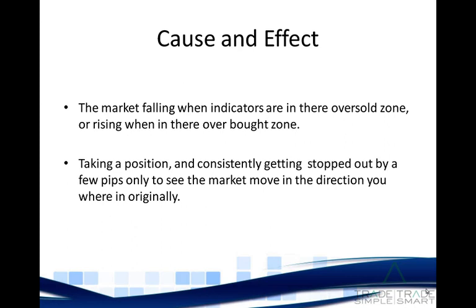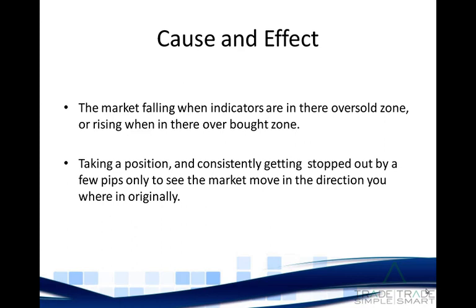So in this example, you can interpret that when the indicator reaches the oversold zone, the momentum of the market should turn to the upside and we'll be looking to buy. And you can be taught how to interpret that when the indicator reaches the overbought zone, the momentum of the market should turn and our bias will be to sell. But what happens when the effect doesn't match the perceived cause?